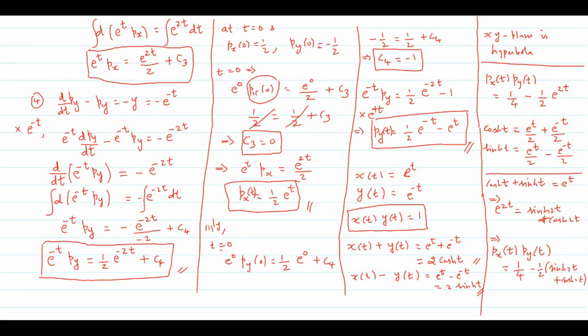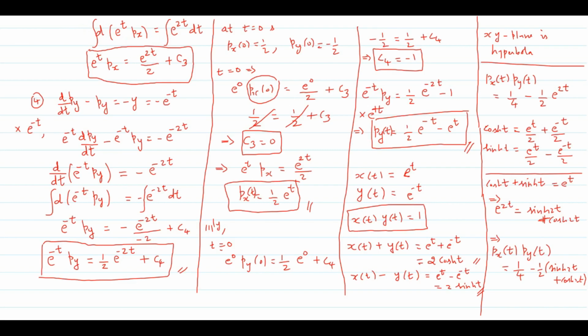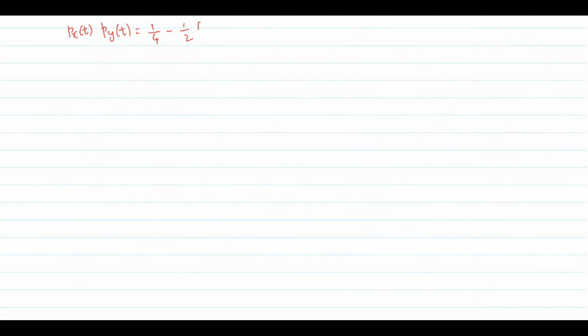So we can write like this. So what is the conclusion? p x of t into p y of t is equal to 1 by 4 minus 1 by 2 times sine hyperbolic 2t plus cos hyperbolic 2t.